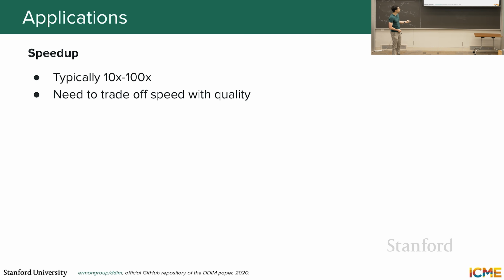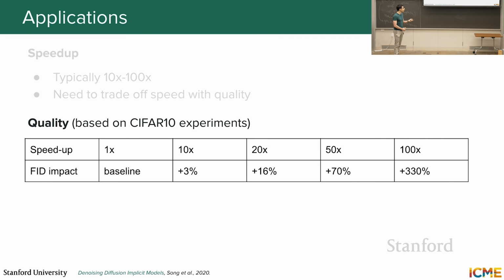And with that in mind, the value for the speedup that people typically take is between 10 to 100. And as you can guess, it doesn't come for free. So it's a trade-off between speed and actual quality that you get in the end. And the actual values that people take are more on the order of magnitude of 10 to 50.